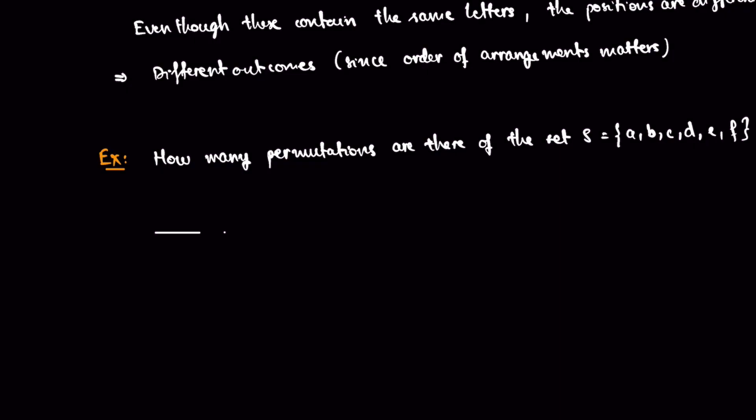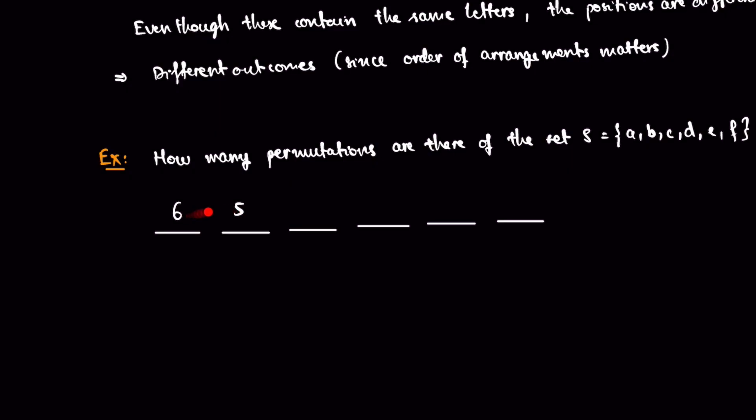So let's say you have 6 different spots here, or 6 different slots. There are going to be 6 choices for the first slot. And remember the setup for the permutations that we're working with, that no object can be selected more than once. Because we already selected one of the 6 choices here, we're left with 5 other choices for the next slot. So this is 5, and so on and so forth.